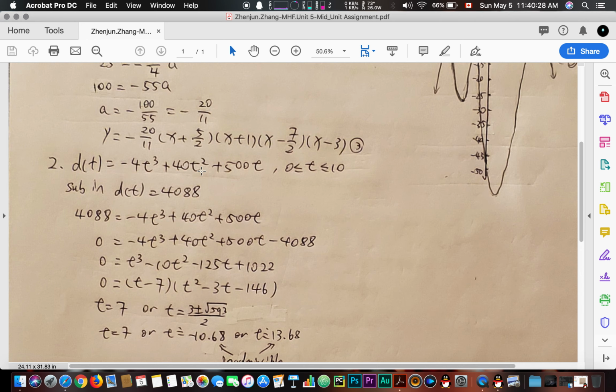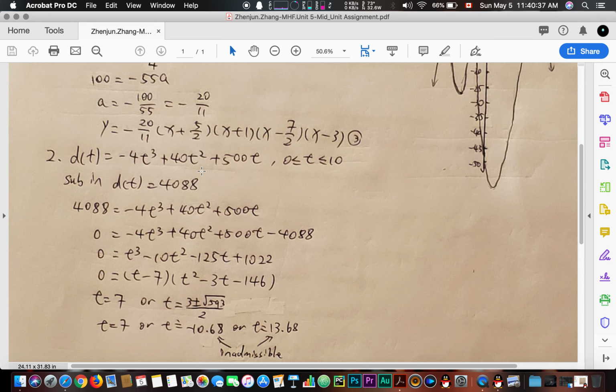So the question asks, how long does the plane take to fly 4,088 kilometers? That's very easy. So we plug in d of t equals 4,088, and then we put our d of t, the original function, back here.